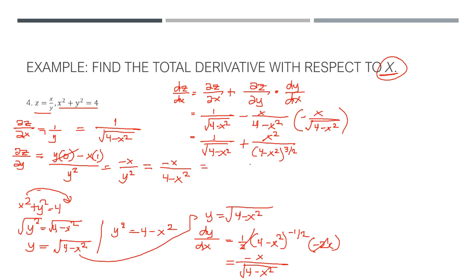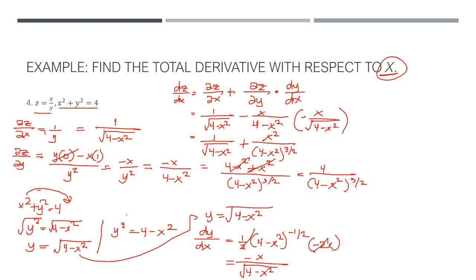So the LCD of this one is 4 minus x squared raised to 3/2. So what is missing from here is just 4 minus x squared plus this one, which is x squared. So basically, 4 minus x squared plus x squared is just equivalent to positive 4 over 4 minus x squared raised to 3/2.